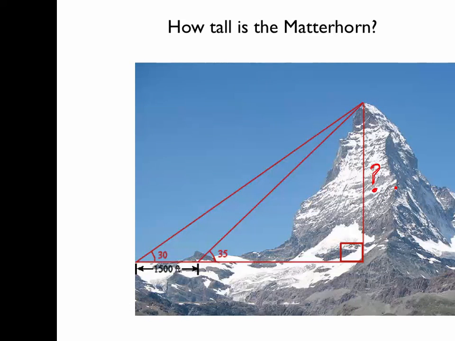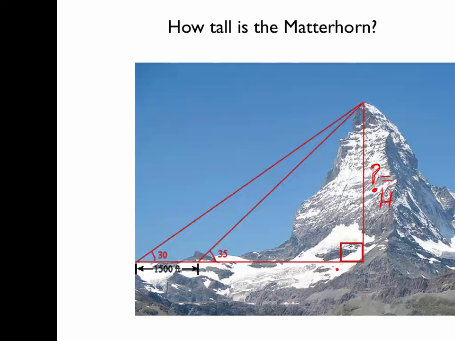Christian? I think you could use the first angle, 30 degrees and 1,500 feet, to get your hypotenuse. So that's 1,500. Let's call this capital H. And then we're going to need to call this something, right?